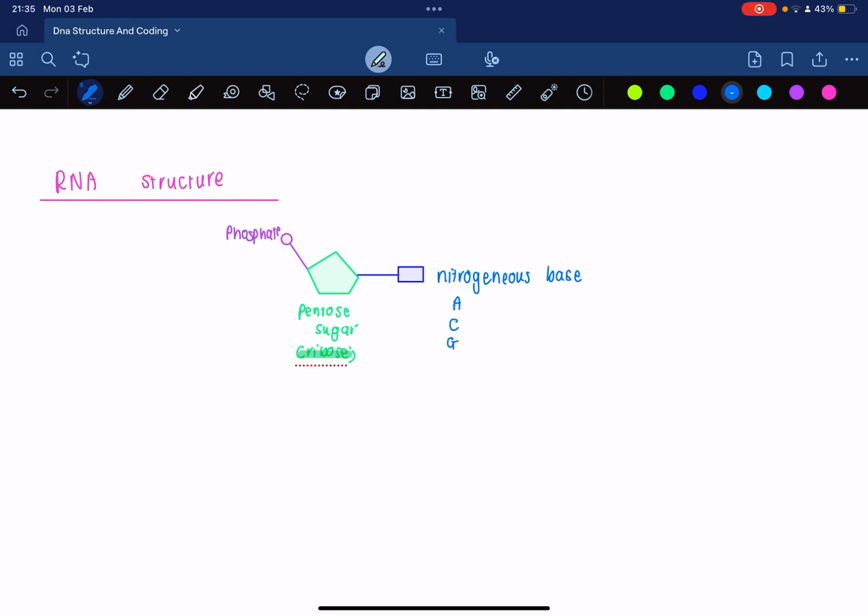But adenine is instead going to bond to uracil instead of bonding to thymine. And the general structure of RNA is a single-stranded molecule, a polymer made of monomers, and those monomers are known as nucleotides.